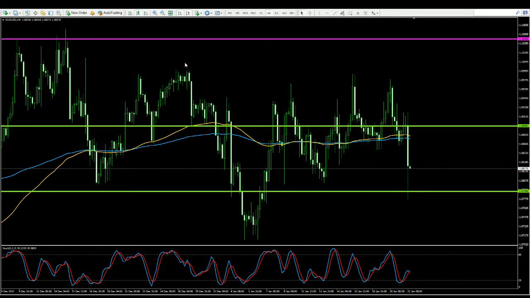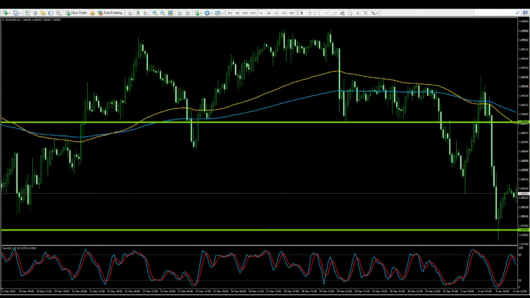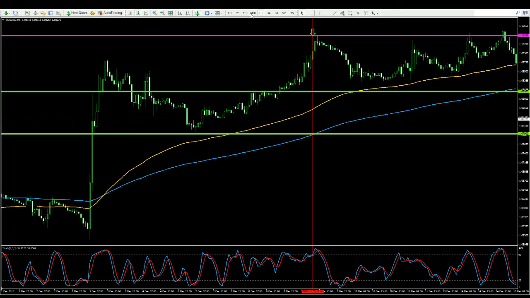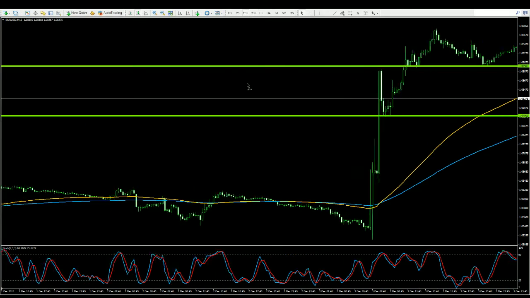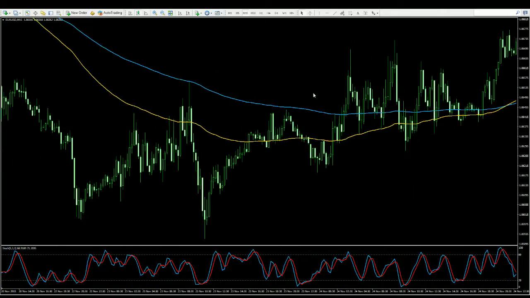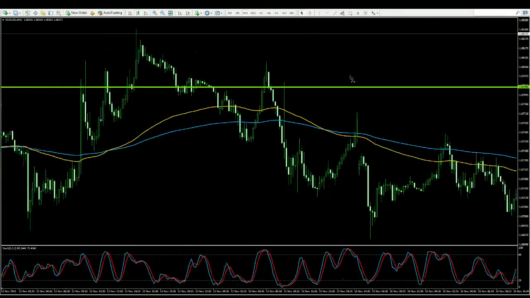So let's take a look at a trade here, for example. Let's put a line there. Let's go back and try to find it. Because the way I trade, I've been doing short expiries.